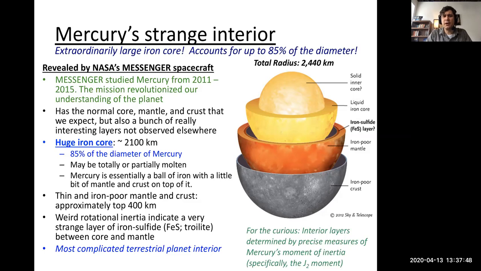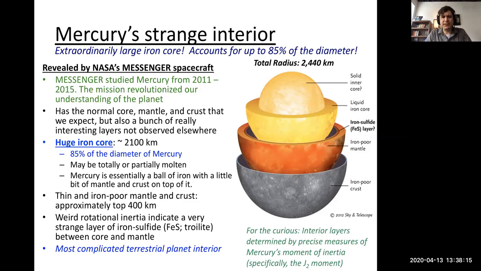We thought it would be very similar to what we expect for all the terrestrial planets. We were very surprised to find out that it probably has the most interesting interior structure of all the terrestrial planets, which is telling us something very interesting about planetary interiors in general, and about the formation of Mercury itself and the formation of planets in general.